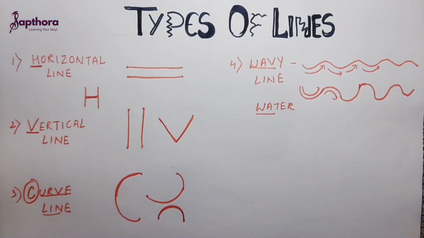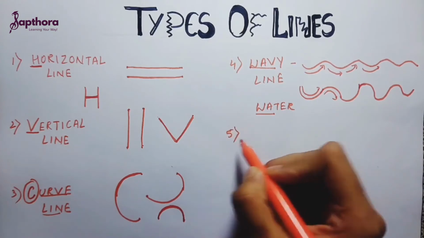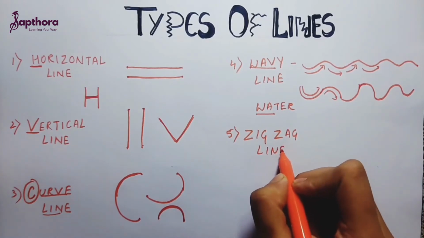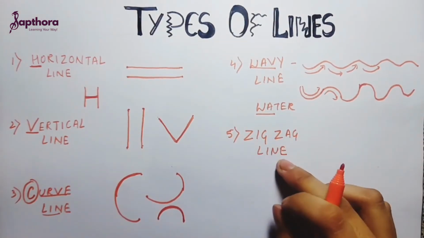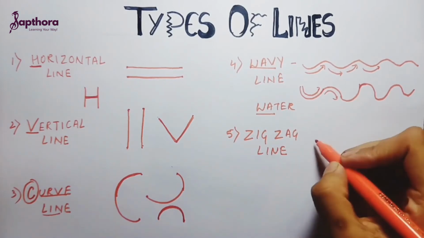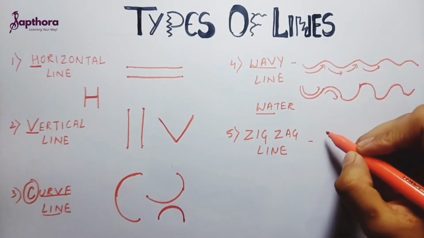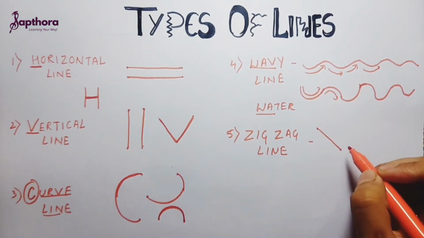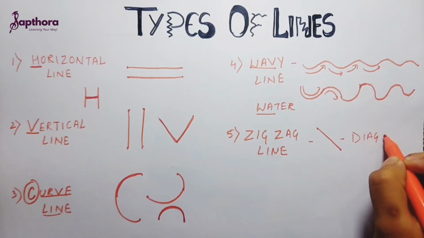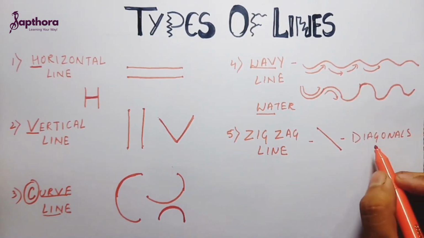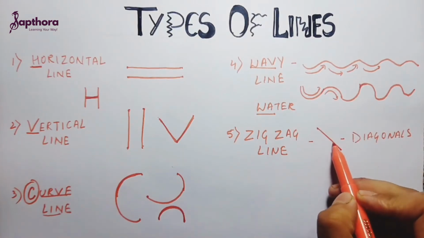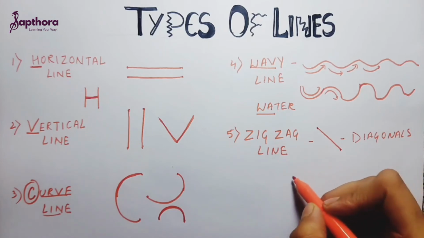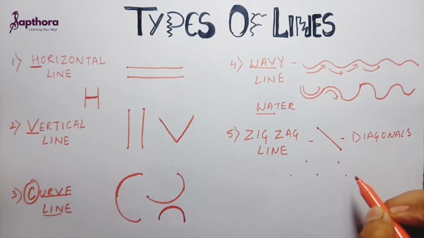Now let's learn another line, that is the zigzag line. Before we learn what zigzag lines are, let's first discuss what diagonals are. Diagonals are just a line which meets two opposite corners. It's a slant straight line. And zigzag lines are a continuous chain of diagonal lines.